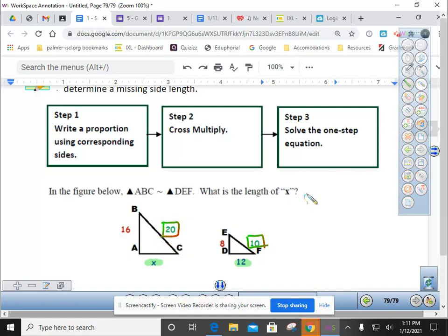So now I'm going to have 20 over X equals 10 over 12. Now, can I cheat here? Yes, I can actually cheat and go backwards, timesing by what? 2. So what's X? 24.